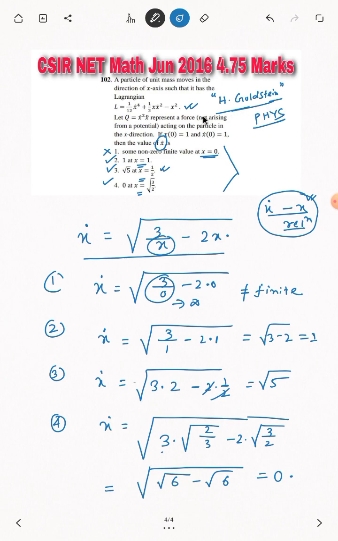In that book, in the exercise, this type of L is given, but in that particular question this x square is replaced as vx, and this q is missing in that exercise.